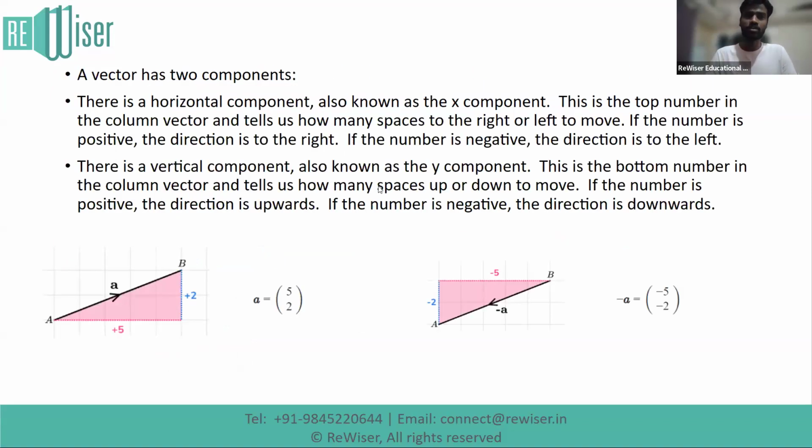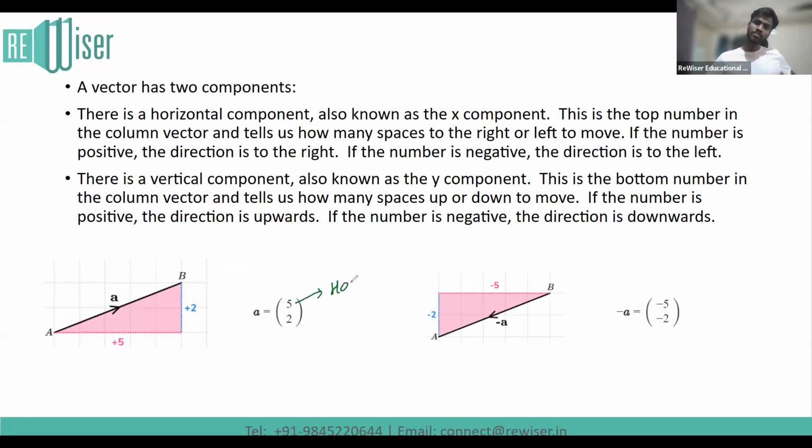Here we are talking about a vector having two components, one horizontal and the second vertical. This is the horizontal component, and this one is the vertical component. Whenever the horizontal component is positive, it moves 5 units to the right, and whenever the vertical component is positive, it moves 2 units up.